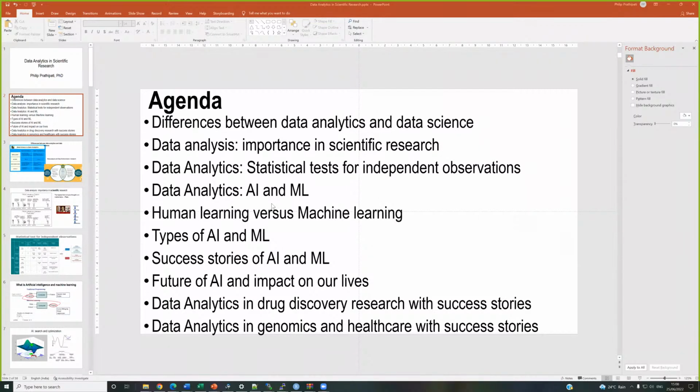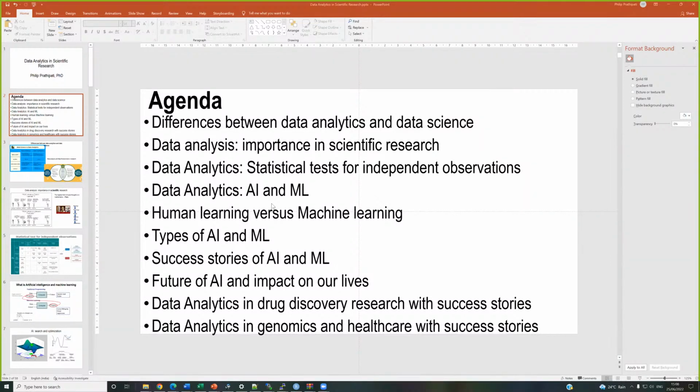ML stands for machine learning, AI is artificial intelligence, and these have the most potential, because almost every app that you see, from Google Maps to Amazon, relies on these machine learning models.